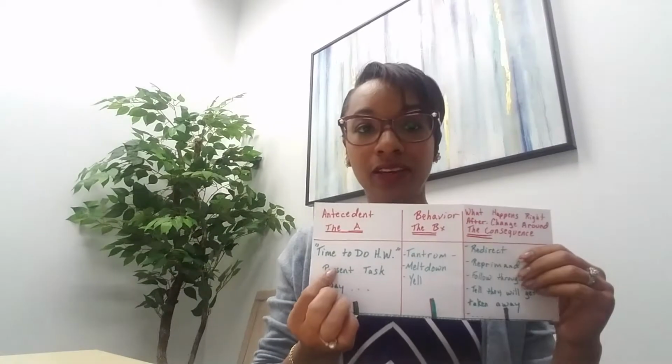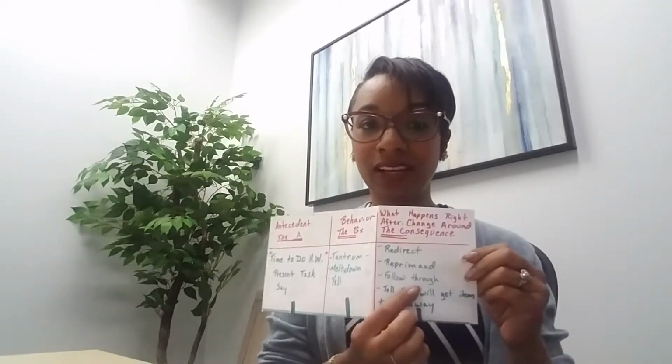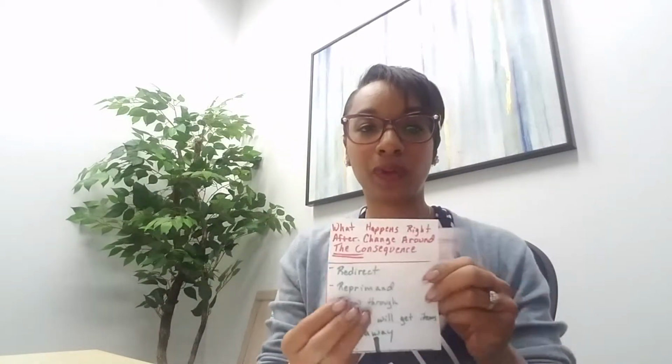We'll do our A, we'll do our B, we'll do our C. But to figure out the function of the behavior, we're only looking at what in the environment changes immediately in response to that behavior. I mean that if Johnny was doing his homework appropriately, would you be giving him all of this extra physical input, all of this extra verbal input, all of this extra attention?